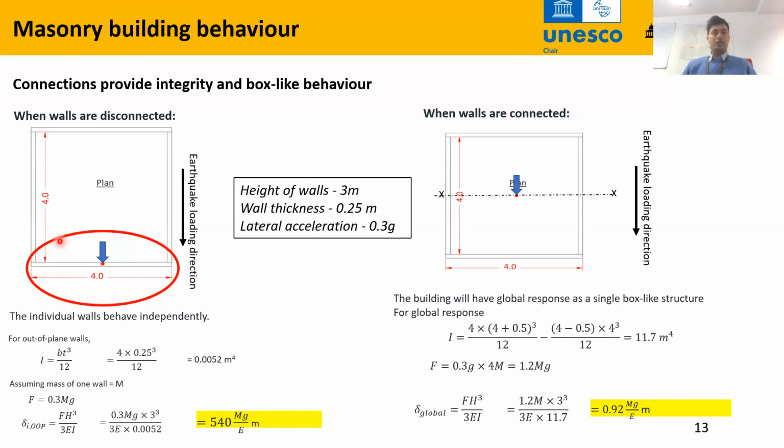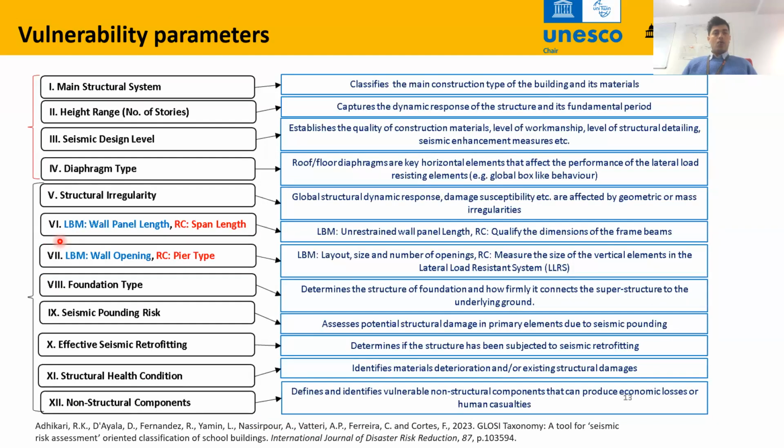So this shows the importance of the box-like action, the importance of the cross-wall connections in masonry buildings. Now I will move on to the vulnerability parameters, the most common parameters of the construction practice in masonry buildings that influence the lateral behavior, and from looking at these different parameters, we can identify what causes deficiencies in masonry buildings.